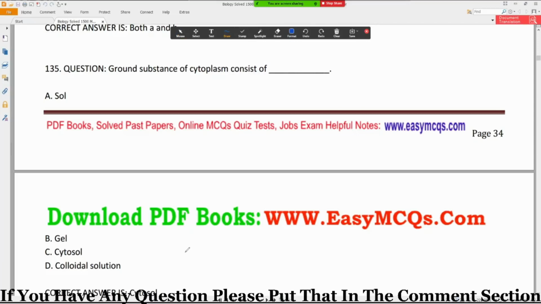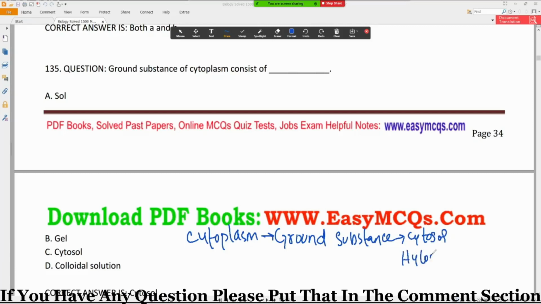Again we have cytoplasm. Here the ground substance is called cytosol, and this is also called hyaloplasm.